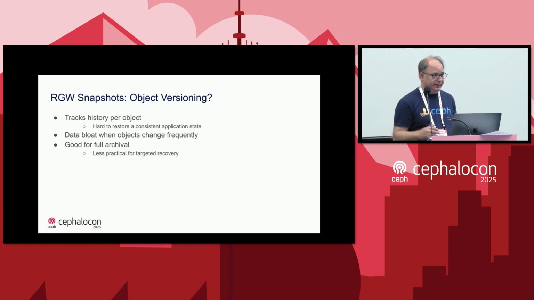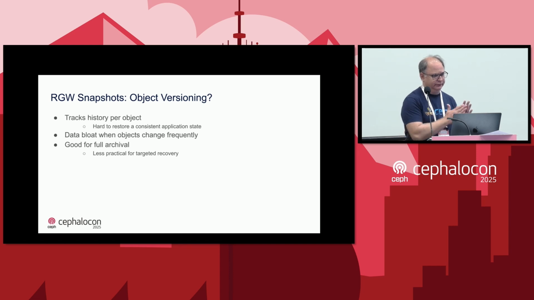RGW and S3 API has object versioning, and you say, why not go and use that feature instead of introducing snapshots? Now, object versioning is great for archival purposes. In object versioning, every object you put, every new object instance, you create a new version. And basically, you have the full history of all the objects, and it's immutable.